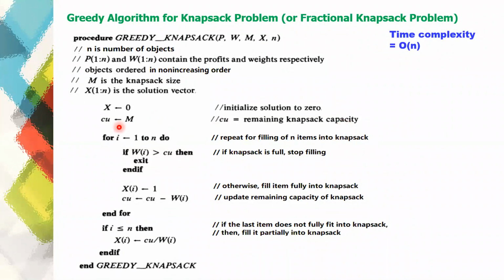So the remaining knapsack capacity will be equal to M. The full bag is available for filling. Now you'll repeat the steps for first object to nth object. And here this loop will repeat, assuming that all the objects are ordered in non-increasing order.